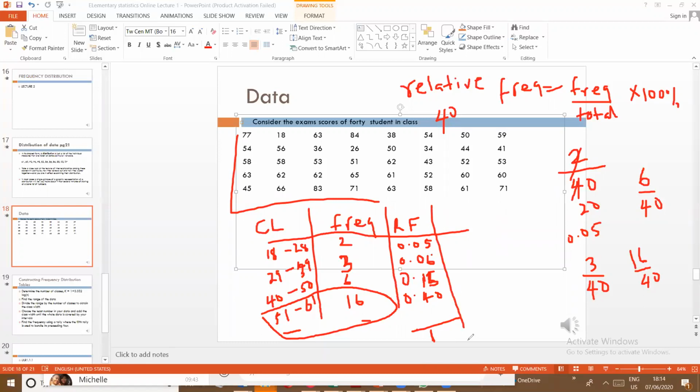The same way, if you decide to leave the relative frequency in terms of percentages, meaning you are multiplying by 100, this will be 5%. This will be 7.5%.